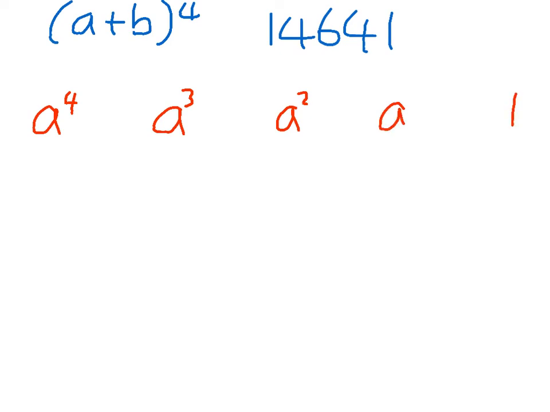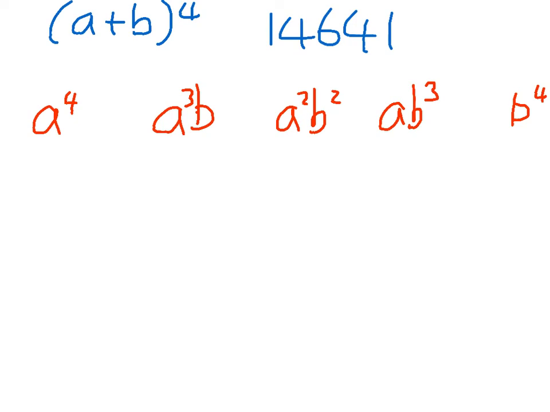And then we're going to use our b, and we're going to start at b to the power of 0, which is just 1, so we don't actually need to write it here. And then we'll have b to the 1, b to the 2, b to the 3, and I'm just going to turn that 1 into a b to the 4, because timesing it by 1 makes no difference.